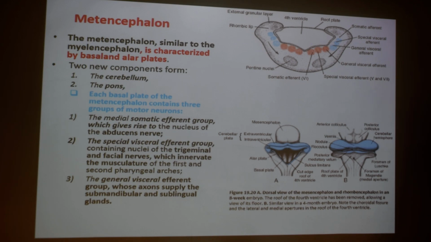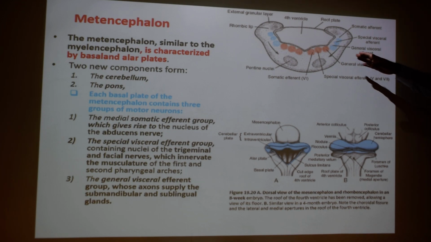Okay. So the next one is the general visceral efferent, which is the parasympathetic nucleus. And parasympathetic nucleus, we know that in the pons is related to the superior salivatory nucleus, and it is also related to the lacrimatory nucleus, which is going to supply the lacrimal gland and the submandibular and sublingual gland.